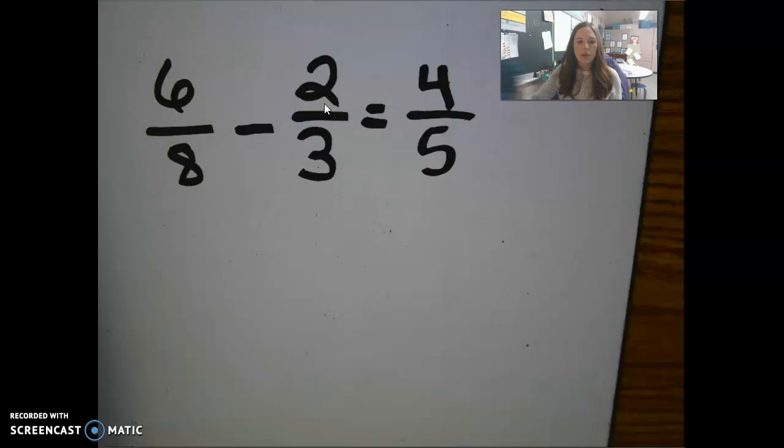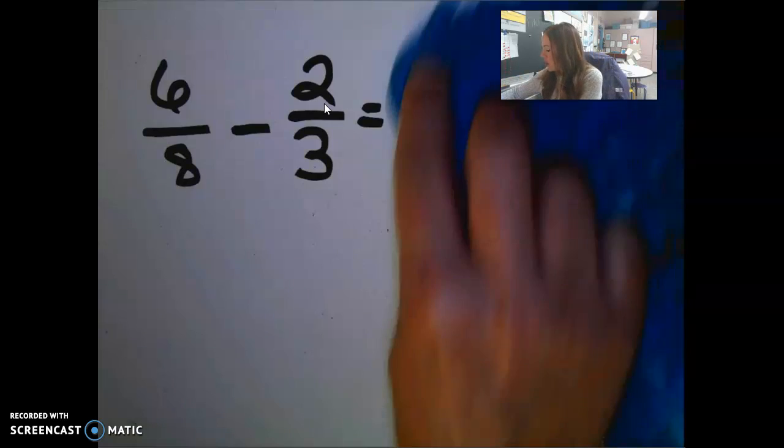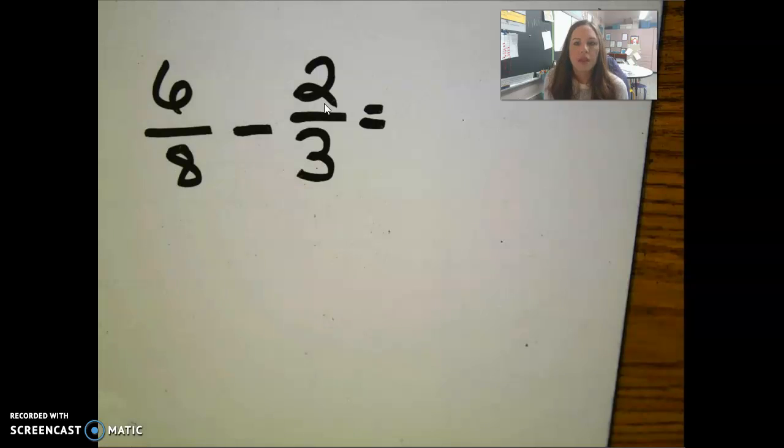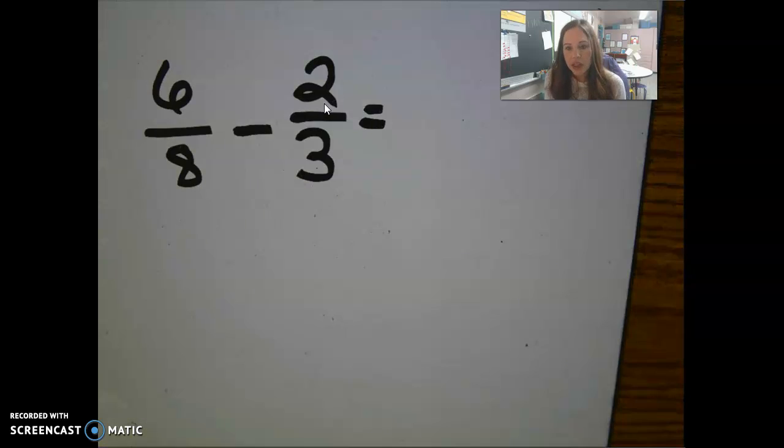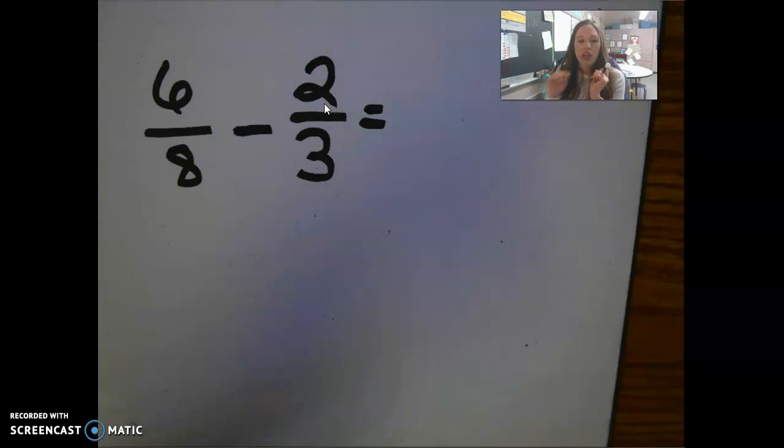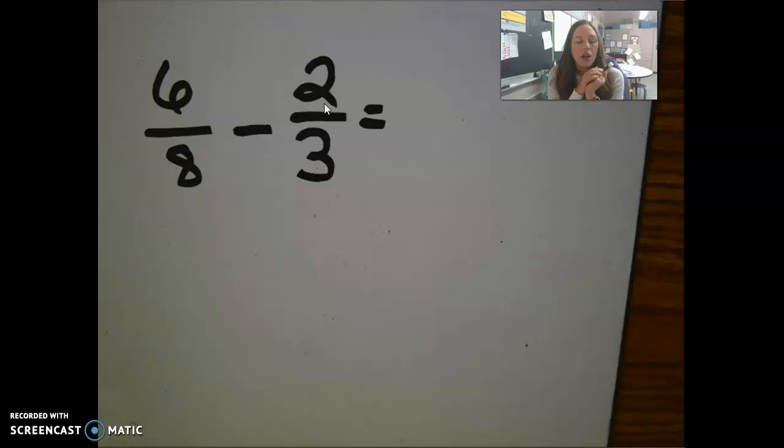Subtract everything, the top and the bottom. We know that's not how we do it. Red flag, warning bell, stop, stop. We can't subtract anything the way they are because they have two different denominators, right?